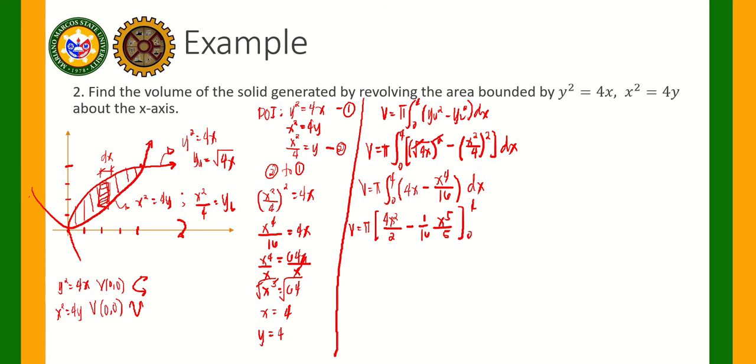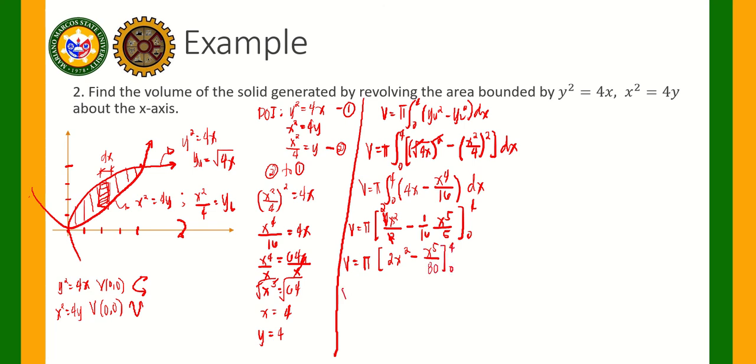Limits from 0 to 4. Okay? So, of course, this will become 2. So, our new equation will be 2x squared minus x raised to 5 all over 80, limits from 0 to 4.